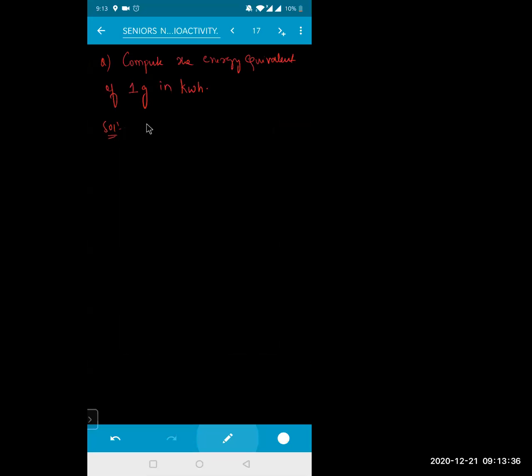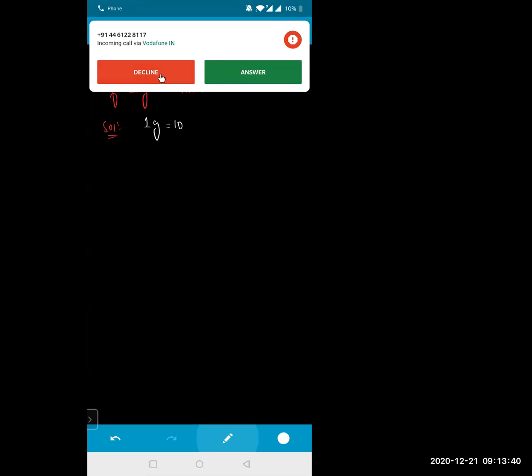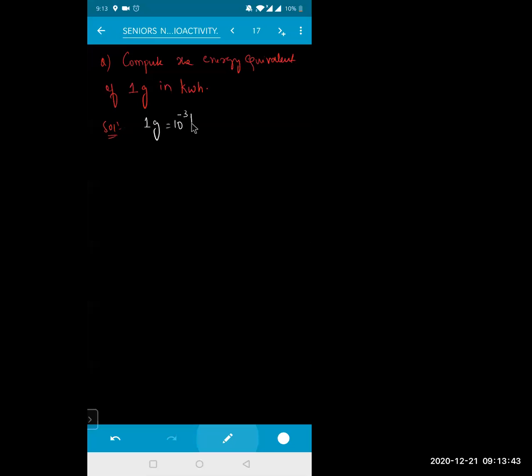So 1 gram is how much? 10 to the power of minus 3 kg. And c is 3 into 10 to the power of 8 meter per second. So E is equal to m c square, which is 10 to the power of minus 3 into 3 into 10 to the power of 8, whole square.